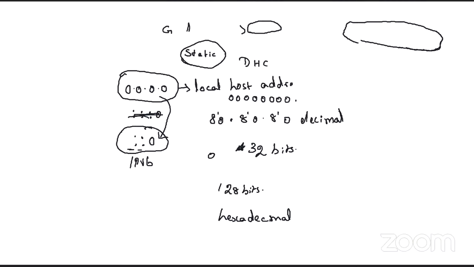Dynamic Host Configuration Protocol: the IP address pool will be available whenever the system logs in. Automatically, from the pool, it will allocate an IP to the corresponding system, right? So this type of IP address is known as dynamic allocation.